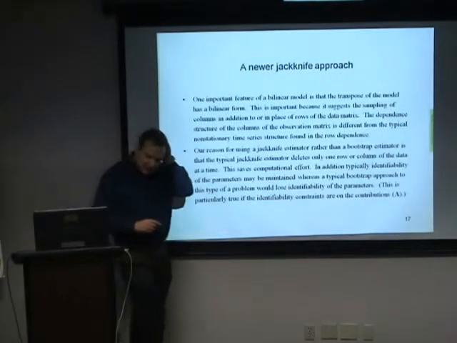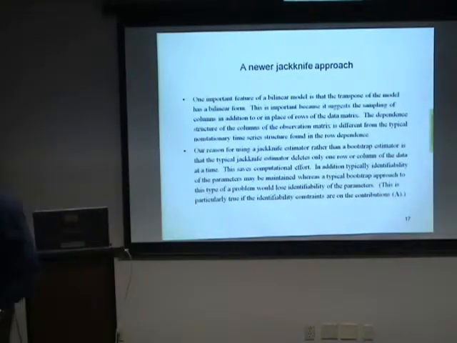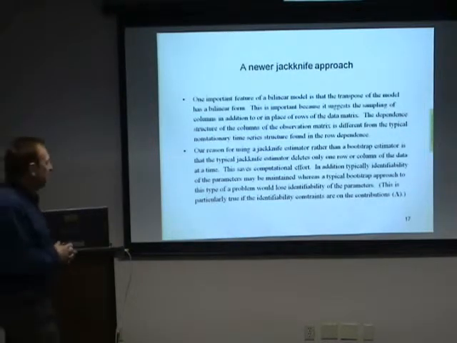So here's a newer approach, done by Park and myself, published I think in 2007. You can do the bootstrapping on the columns for the models that we're doing. They're bilinear. If you take the basic model and transpose it, you still have a model that looks like the basic model.